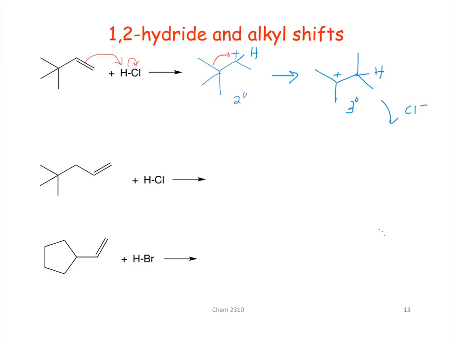Then chloride can react with that tertiary carbocation, so we get this rearranged product. All right, so our chlorine is at this position over here. This one's not a hydride shift, but this is called a 1,2 alkyl shift.